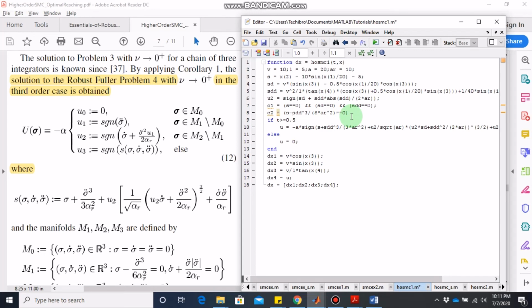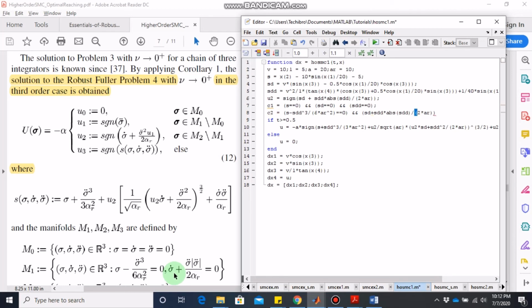So this condition, and this other condition, which is sigma dot, sd plus sdd multiplied by the absolute value of sdd, divided by 2 times alpha r.